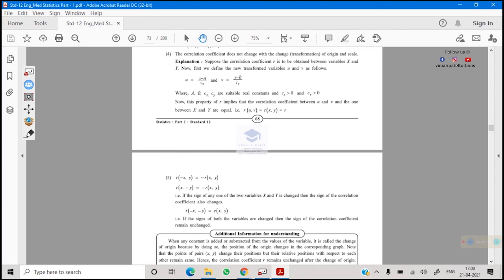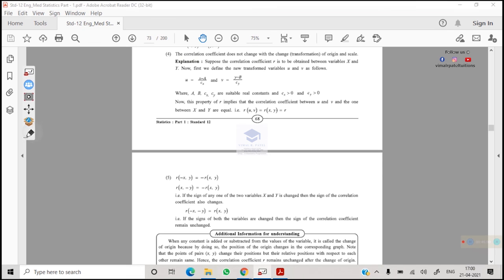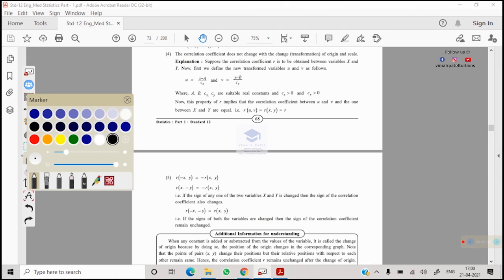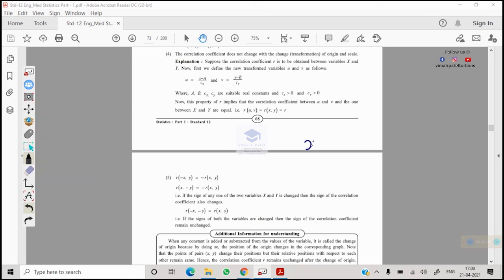But if the sign of one variable is changed and the other is unchanged, for example, earlier it was xy and now it is minus x and y, then the answer will be minus. If it was xy and now it is minus x minus y, then it will be plus: minus minus is plus. If earlier it was xy and now it is plus x minus y, then also the answer will be minus.